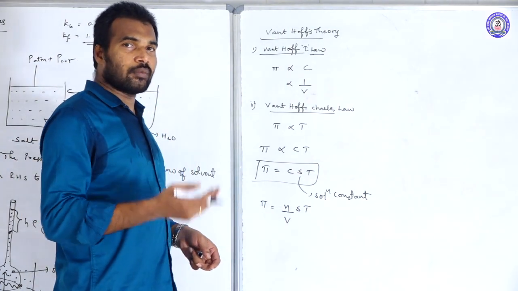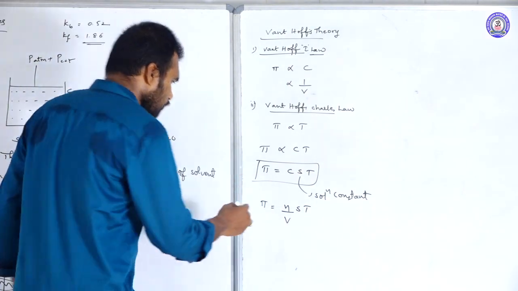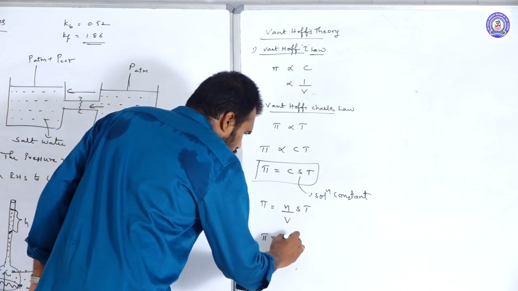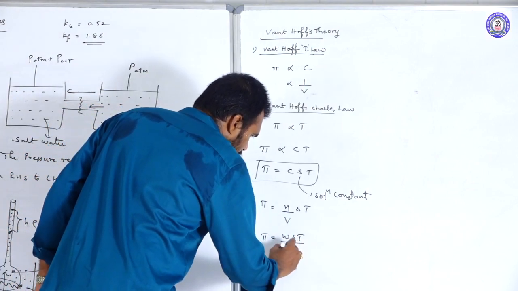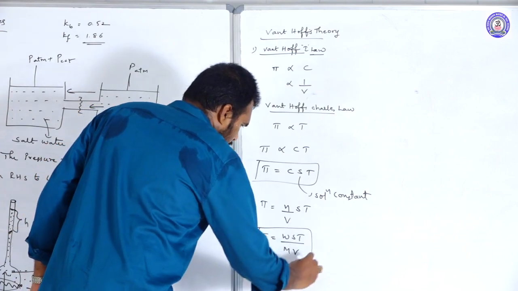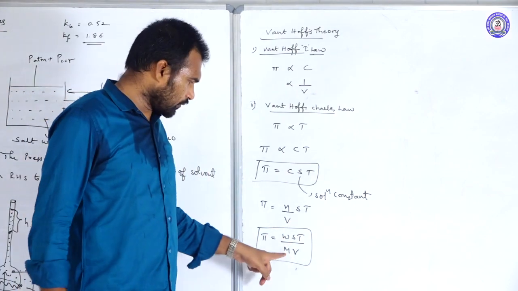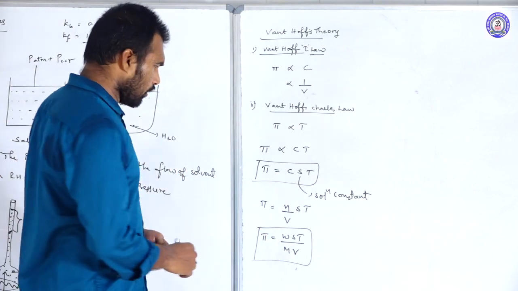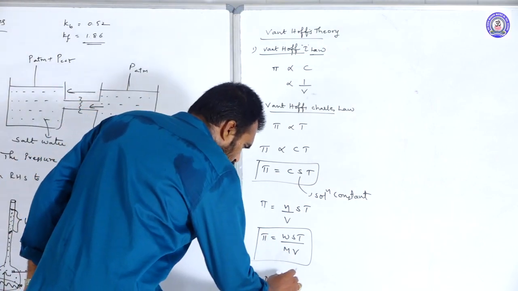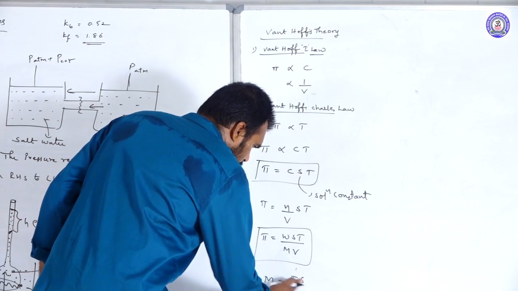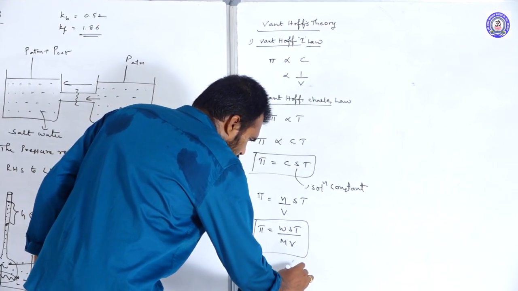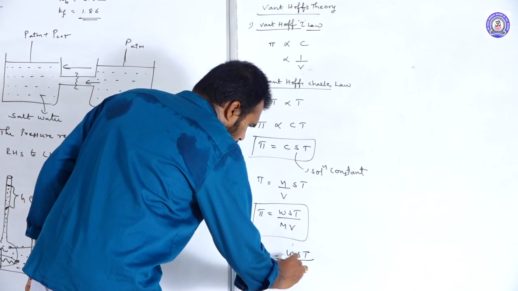What is the formula for number of moles? Weight by molecular mass. If we substitute that, pi is equal to W S T by m V. So from that, if you want the molecular mass, then m is equal to W S T by pi V.